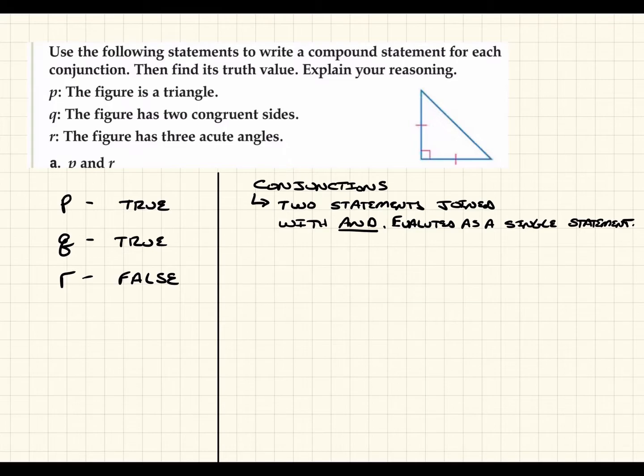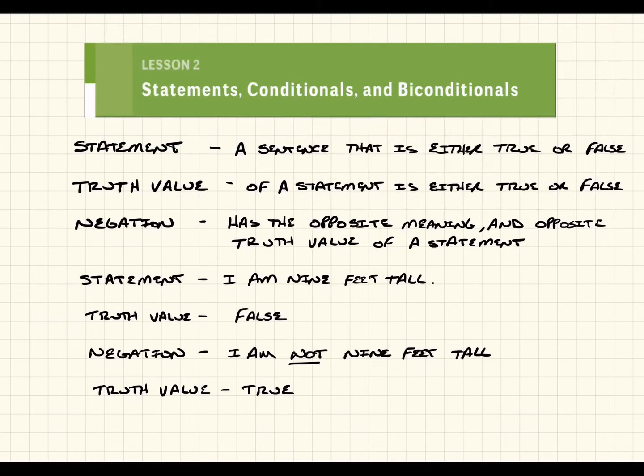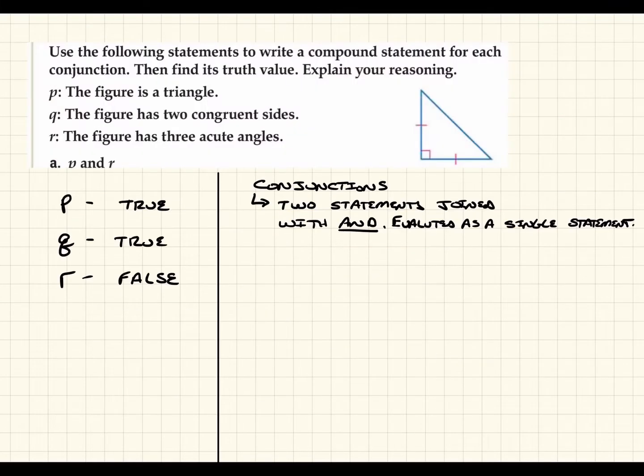So what about conjunctions using negations? Remember that we talked about the fact that a negation has the opposite meaning and opposite truth value of a statement. Let's go back and take a look at a negation for statement R. A negation for statement R would say something like "the figure does not have three acute angles."